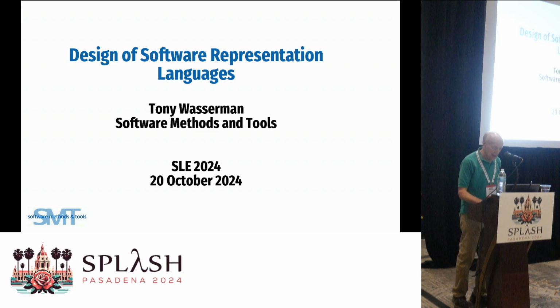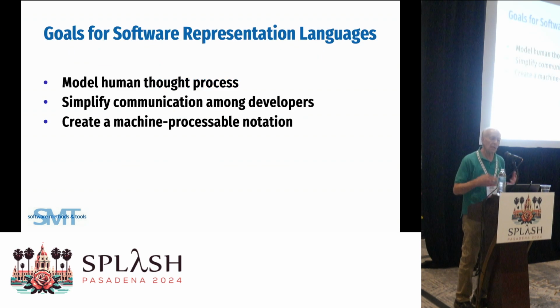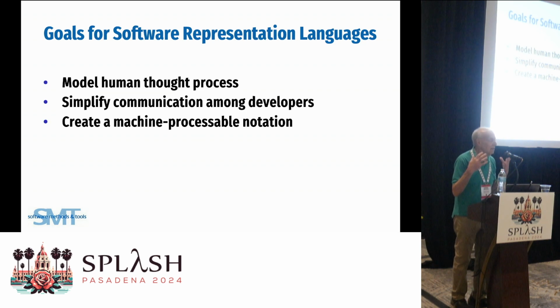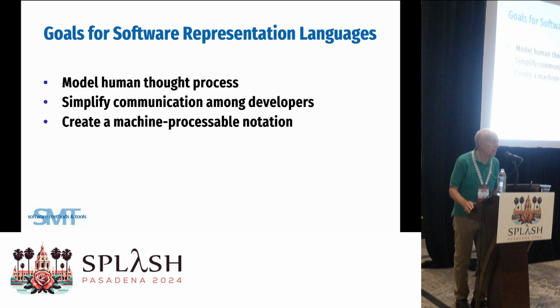So what we're going to talk about are the ways that we represent software. What we really try to do is step up from machine language and assembly language and all that ugly stuff that we used when I was a kid, and represent software in ways that are more meaningful to the human and to enable humans to communicate that information to others, whether that's in something non-executable like a use case diagram, or something that can be directly transformed into an executable program like a state transition diagram.